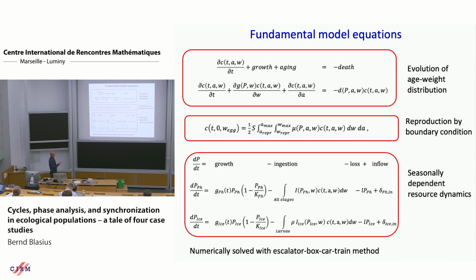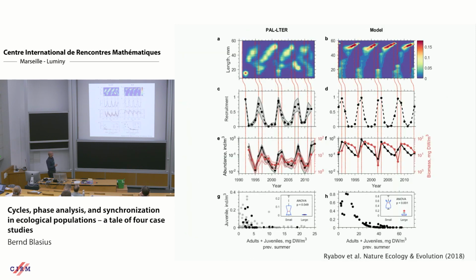So you have here two state variables, age and weight. The boundary condition is of course much more complicated, and you have different food resources, sea ice algae and phytoplankton in the water. This is all seasonal, so it's a complicated model, but we can still solve it. And if you run it in the parameter ranges which you expect, the model reproduces what we see in the data.